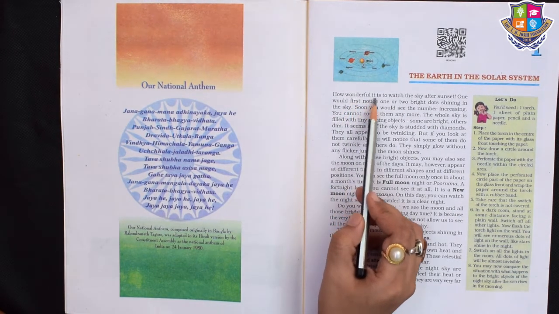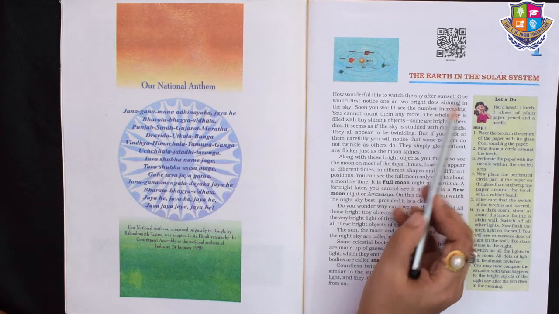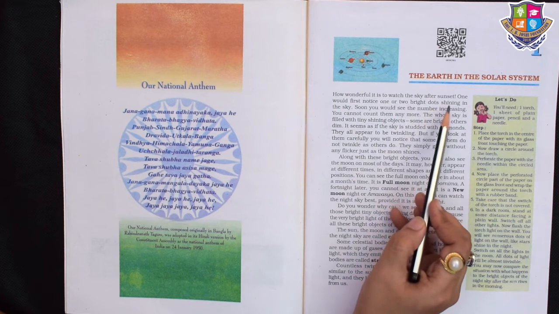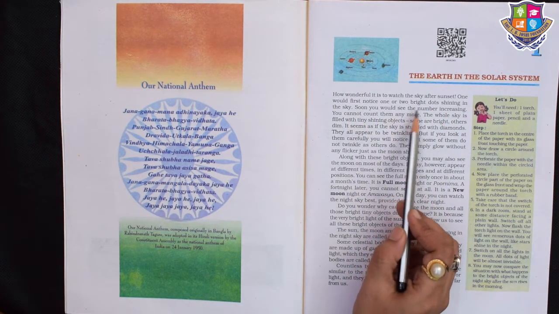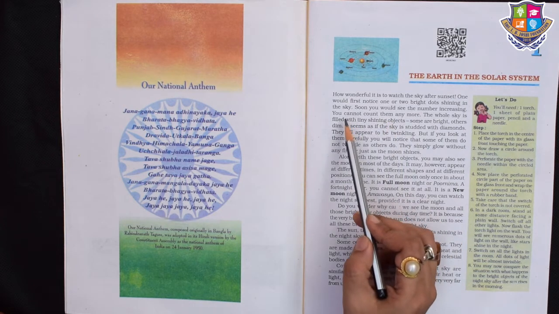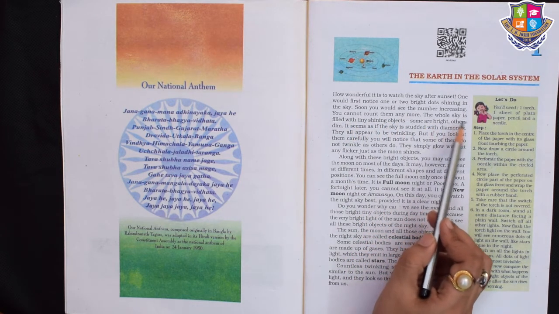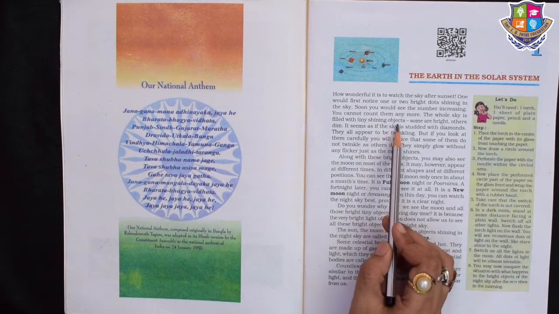How wonderful it is to watch the sky after sunset. One would first notice one or two bright dots shining in the sky. Soon you would see the number increasing. You cannot count them anymore. The whole sky is filled with tiny, shining objects.